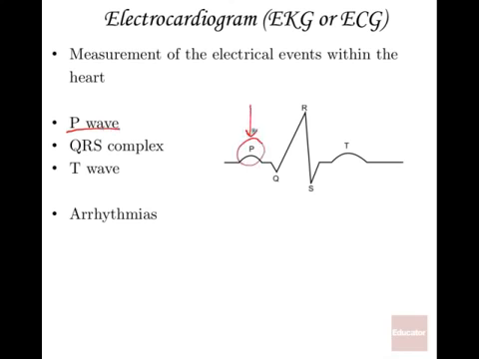This has to do with the atria being depolarized. And depolarization of the atria is going to make it do atrial systole, that contraction. So here is atrial depolarization. That is going to make the left and right atria contract.